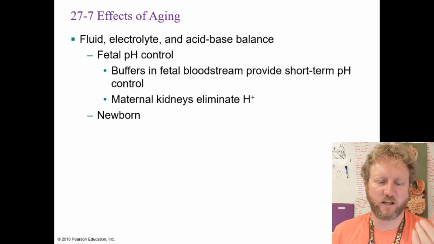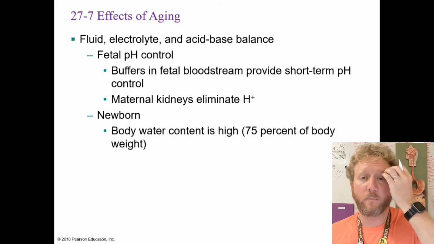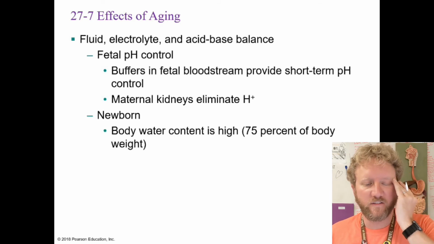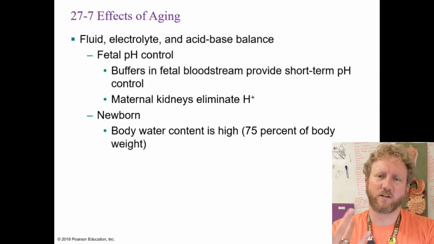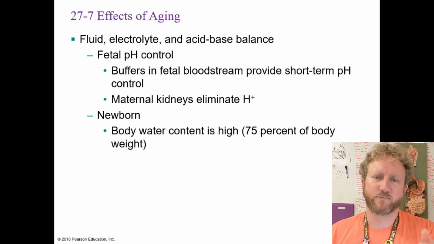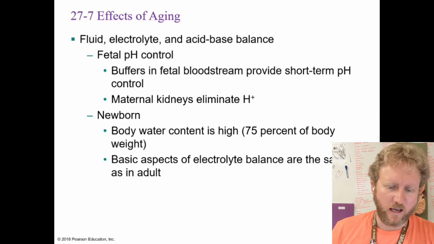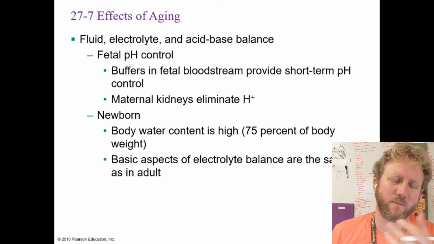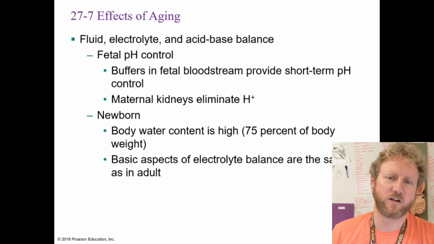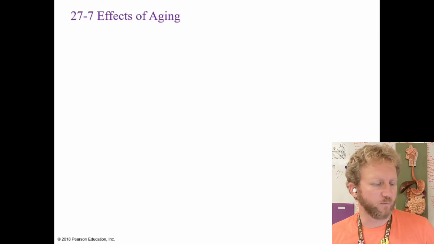Mama does most of the heavy lifting. As a newborn, body water content is very high, 75%. Babies are squishy and soft and stuff like that. The basic aspects of electrolyte balance are the same as adults. Their kidneys basically start working once they're born.